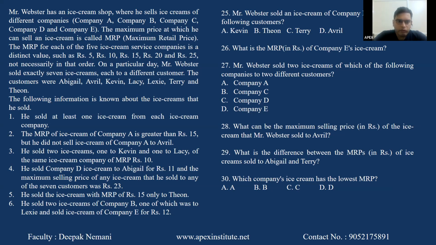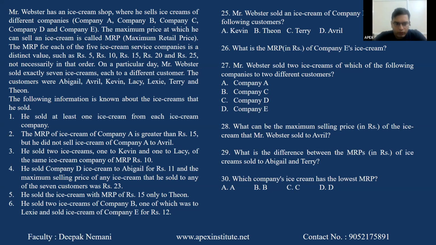He sold at least 1 ice cream from each company. The MRP of the ice cream of company A is greater than rupees 15, but he did not sell ice cream of company A to Avril. Fine. So we have 5 different ice cream companies, 5 different MRPs, and 7 different persons who have bought ice creams from at least one of these 5 companies.